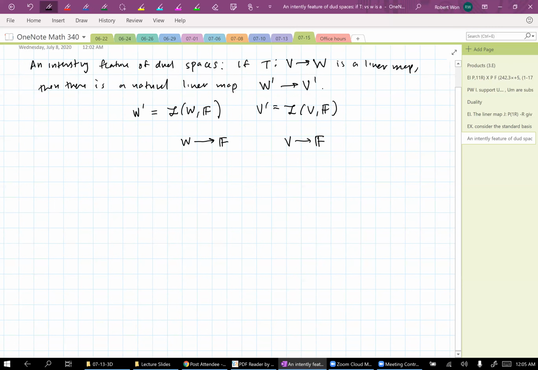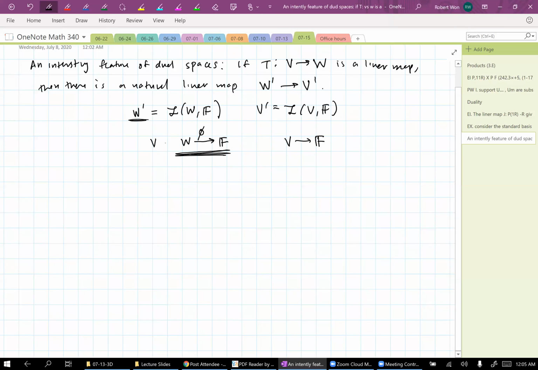Now, if you have a map from V to W, then for every element of W dual, which means that for every function from W to F, I claim that you can get a natural function from V to F. Okay, so if phi is a function from W to F, how can I possibly get a function from V to F?